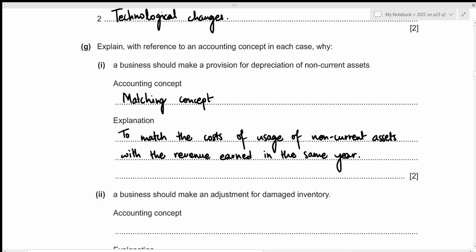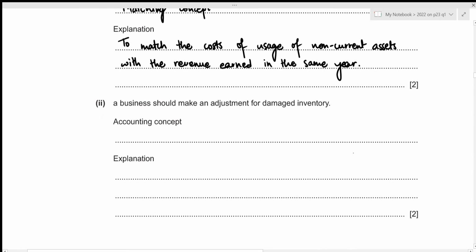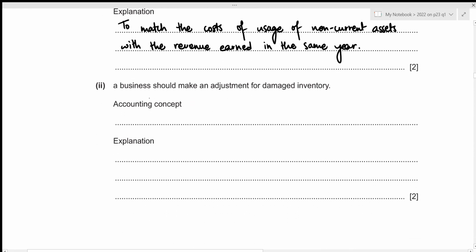All right. Now for the second part, we need to state the accounting concept and explanation about why a business should make an adjustment for damaged inventory. So the accounting concept utilized is going to be the prudence concept. And according to prudence concept, the assets should not be overstated, right? And we're talking about inventory, which is also a current asset.